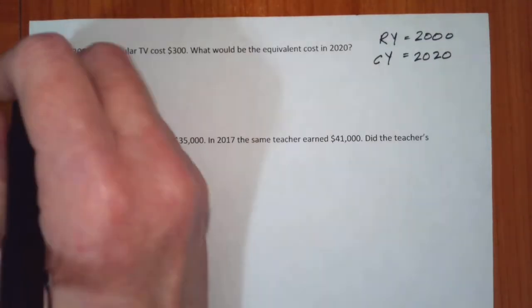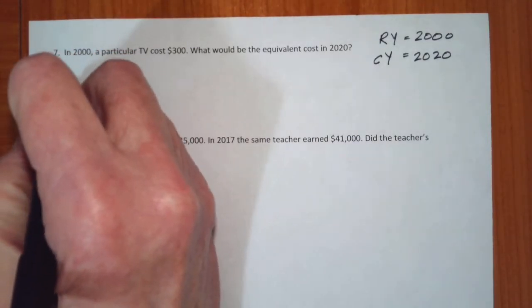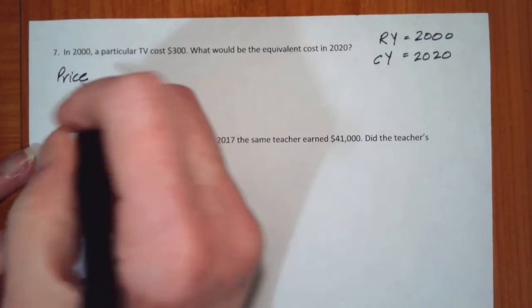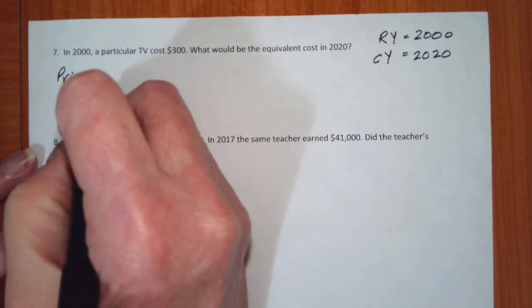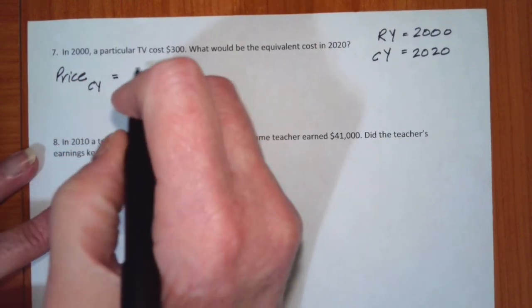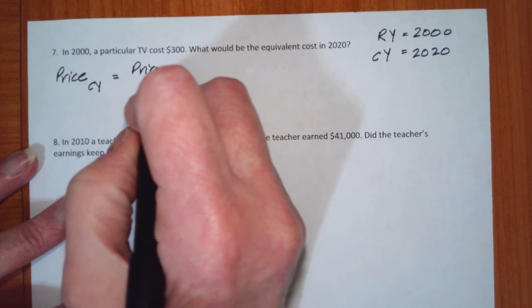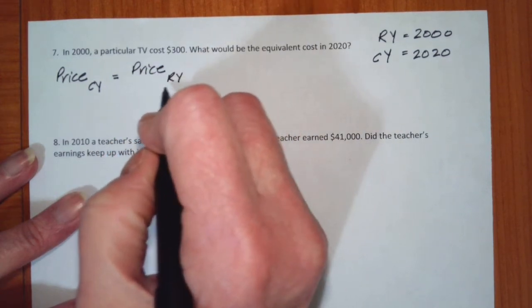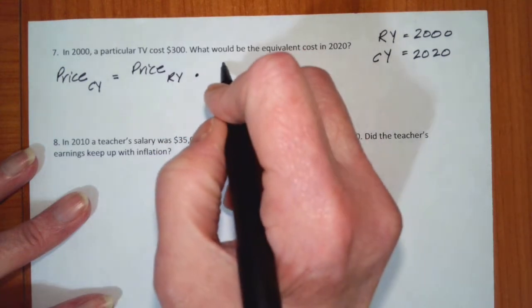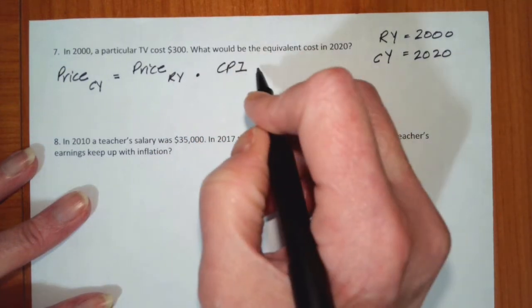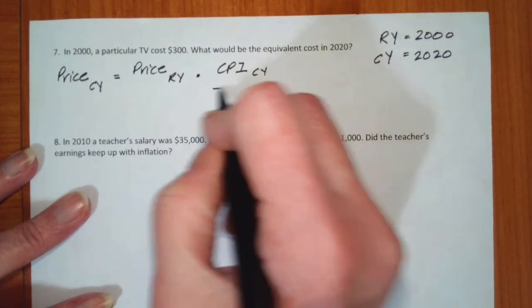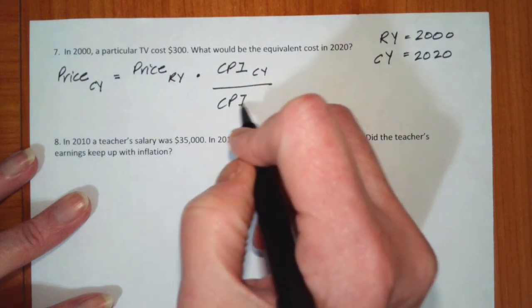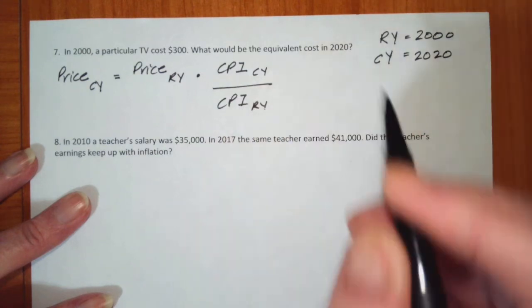We have a formula for this. We know that the price in the compared year is equal to the price in the reference year times the CPI in the compared year divided by the CPI in the reference year.